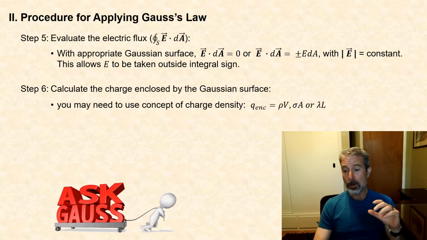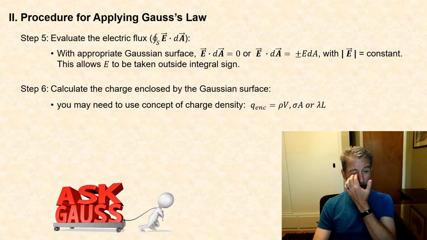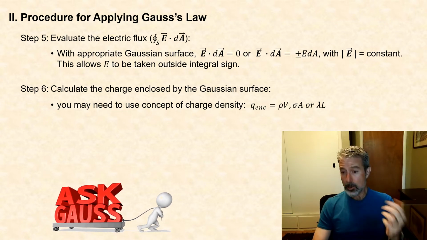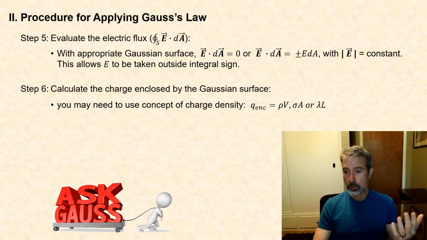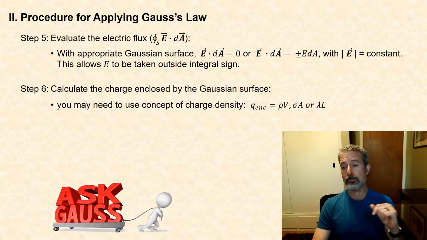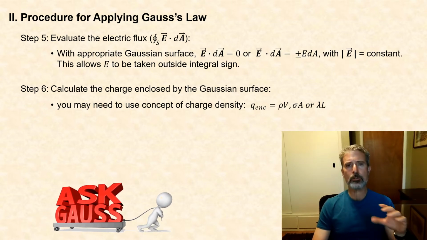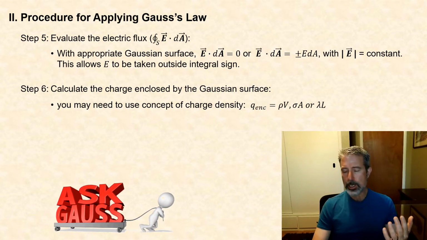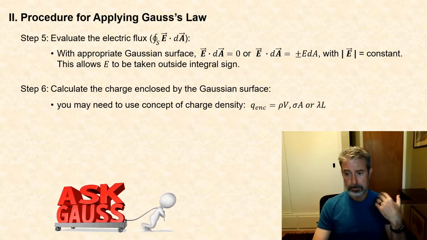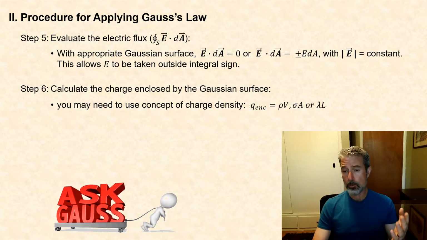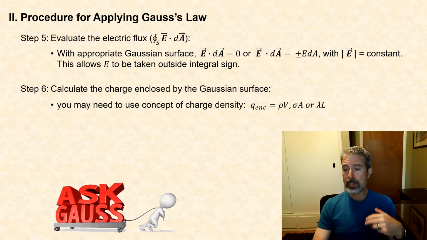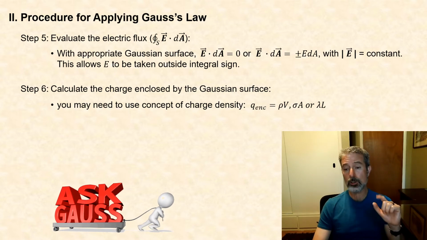But what is often very common is that there will be charge enclosed by your Gaussian surface, and the charge enclosed you're going to have to figure out. So you're going to have to use this concept of charge density. For a three-dimensional charge distribution, the charge enclosed is equal to rho, the three-dimensional charge density, times the volume of the charge enclosed by the surface. So only the charge enclosed counts.